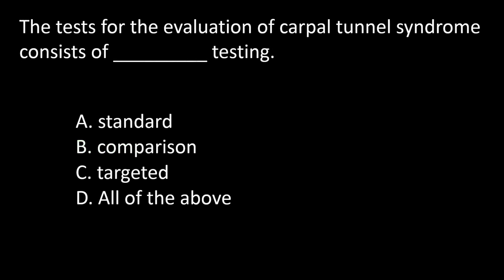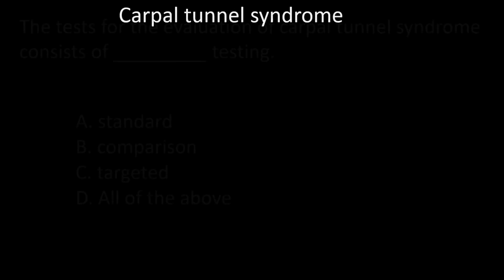Next question. The tests for the evaluation of carpal tunnel syndrome consist of dash testing: A, standard; B, comparison; C, targeted; D, all of the above. Carpal tunnel syndrome can be classified as uncomplicated when no other condition is being considered. In such cases, standard testing, which we will list in a few minutes, and comparison testing are all that is necessary to confirm the diagnosis of this syndrome.